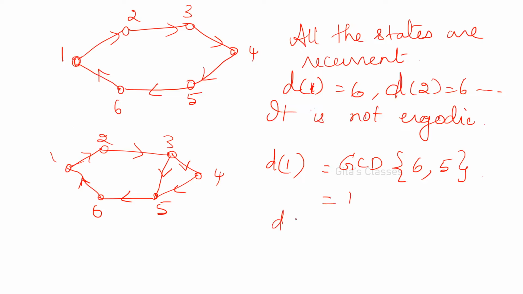Similarly, for example, if you consider D of 4, from 4 I am starting. So 1, 2, 3, 4, 5, 6, GCD of 6 comma, again 1, 2, 3, 4, 5, 6, and again 7, 8, 9, 10, 11. So 6 comma 11 only, right?